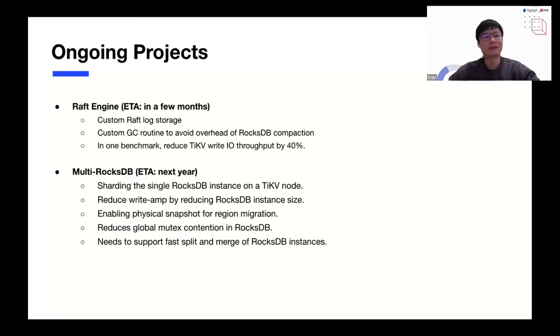Another bigger change that we are making is the multi-RocksDB change. For now, for the data on the TiKV node, we have one single RocksDB instance to store the data. With the multi-RocksDB design, we are changing to use one RocksDB instance to store the data for one region or key sub-ranges for TiKV, essentially sharding this single RocksDB instance.